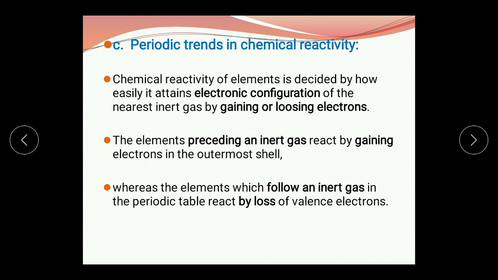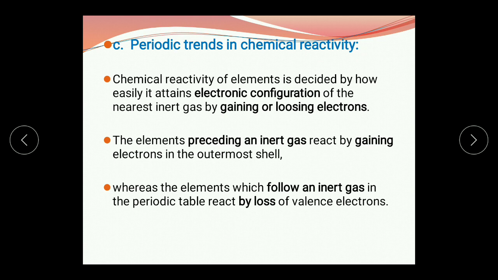Understood? So the first group, the alkali metals, follow the inert gas elements, and those elements have a tendency to lose or donate valence electrons to achieve the stable electronic configuration of the inert gas.